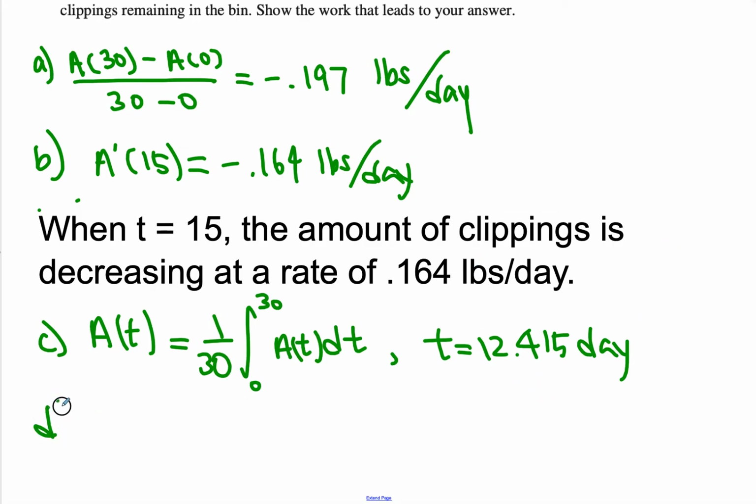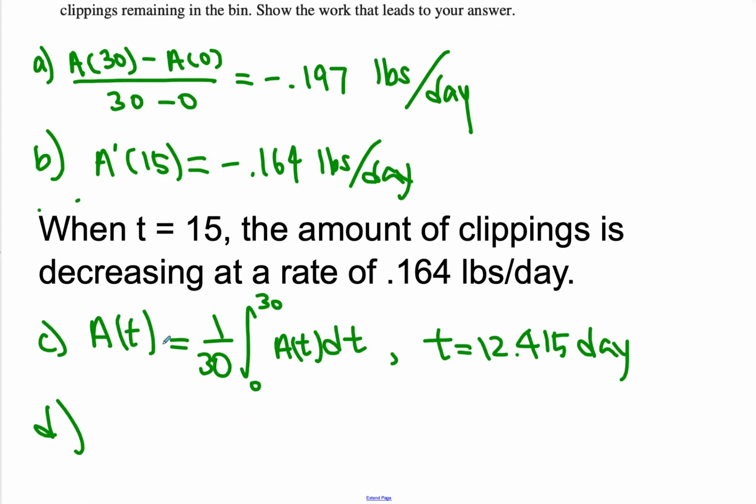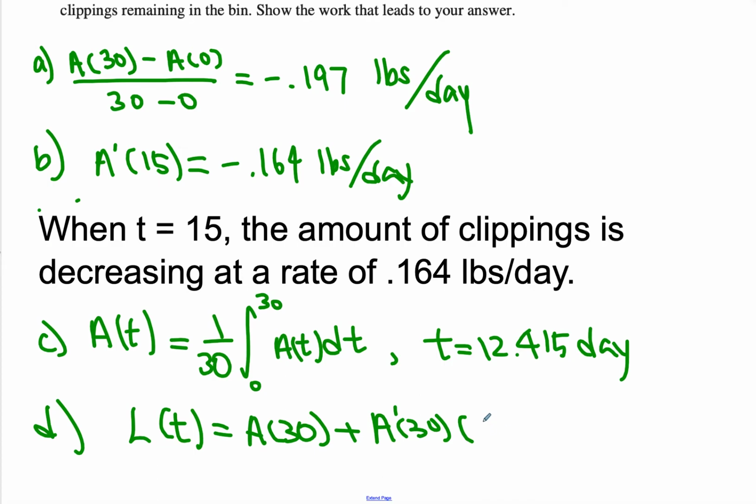Let's look at part D. In part D, we need to figure out the linear approximation at t equal to 30. So the linear approximation L of t is equal to A of 30 plus A prime of 30 times t minus 30.